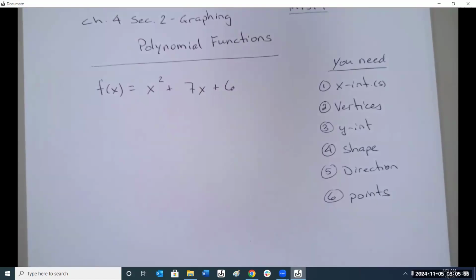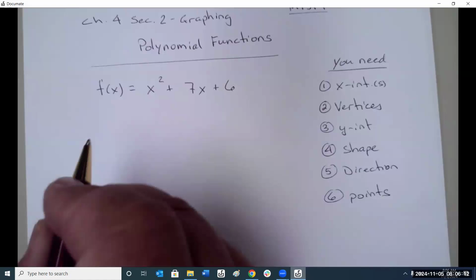So in this function, how do we find the x-intercepts? Or what's the general rule for any function? How do you find the x-intercepts? Set y equal to 0.